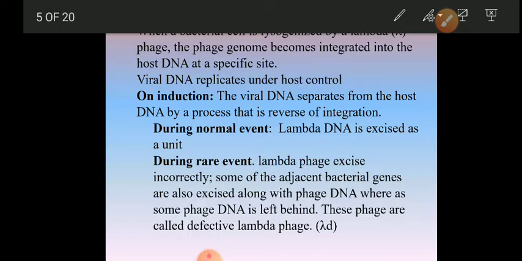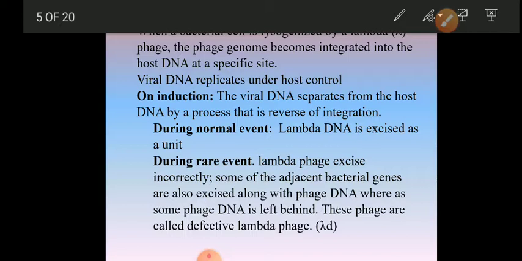So every time the lambda DNA, bacteriophage DNA, integrates inside bacterial DNA, it will integrate between the galactose gene and the biotin gene. Now, whenever there is an incorrect excision, whenever lambda DNA comes out incorrectly, it will always carry either the biotin gene or the galactose gene.